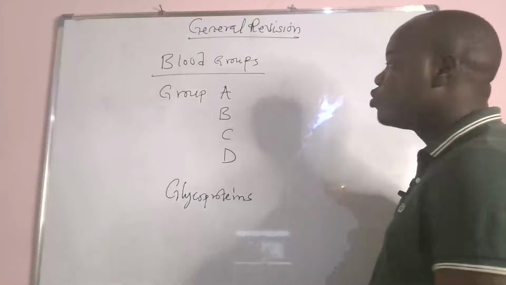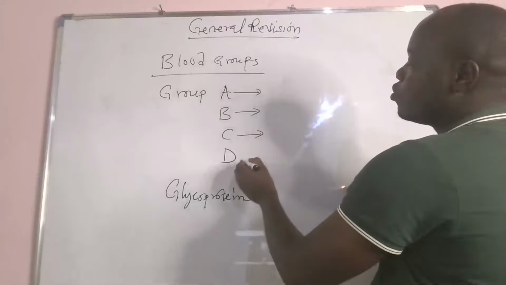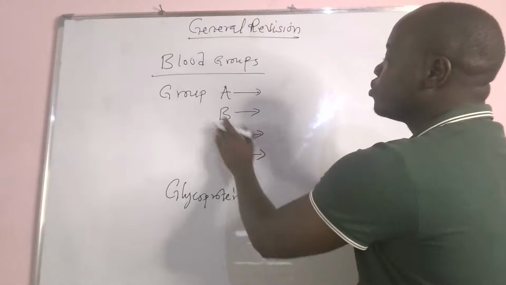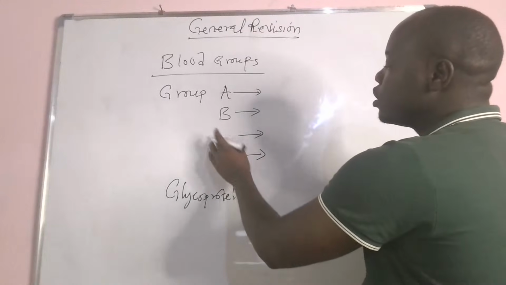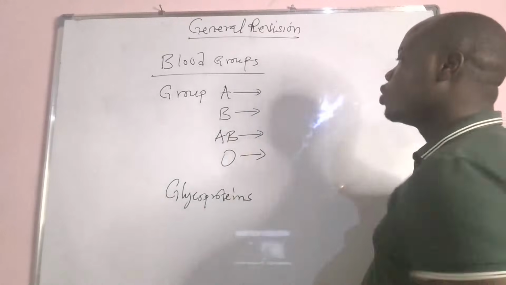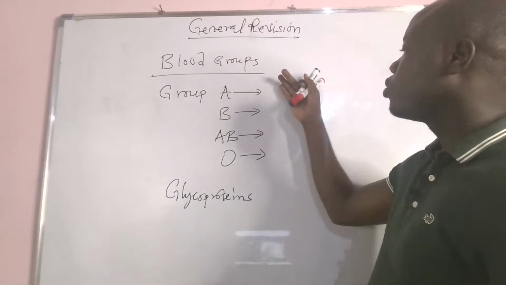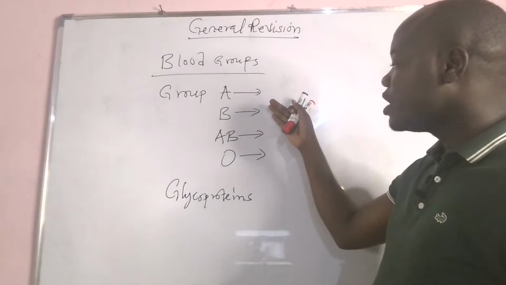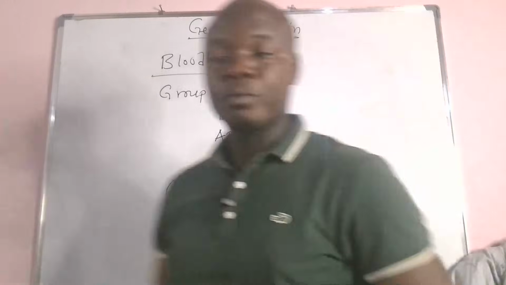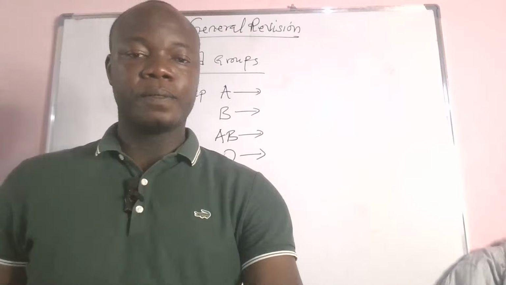So I want you to tell me which sugar do we have in blood group A, blood group B, blood group AB, and then blood group O. I want to know what are the sugars that are present on the surface of each of them. So I'm listening. Please tell me.